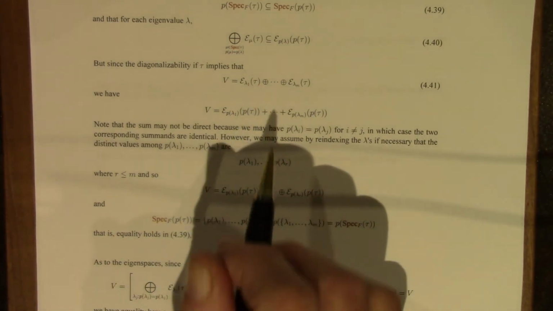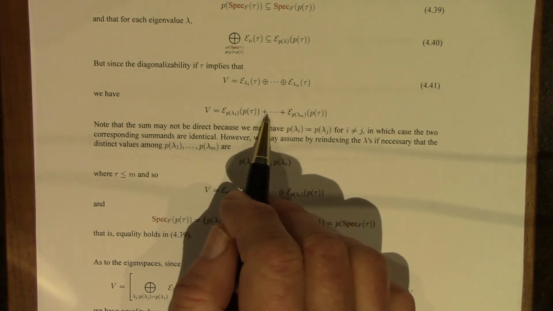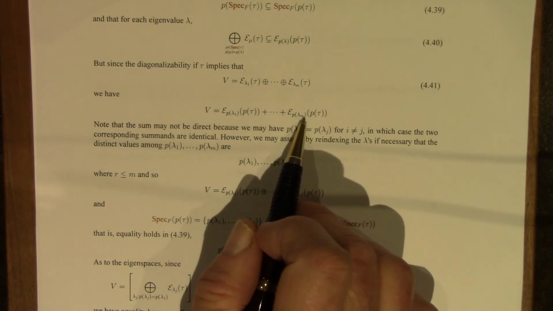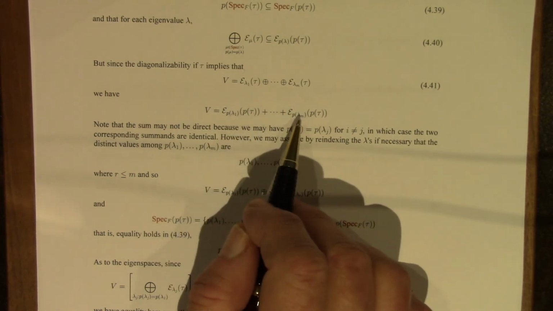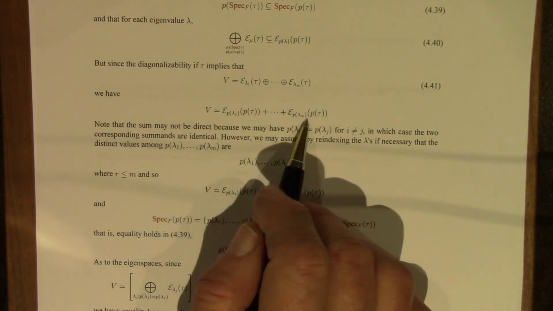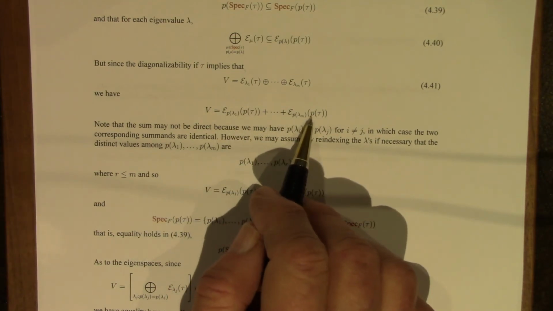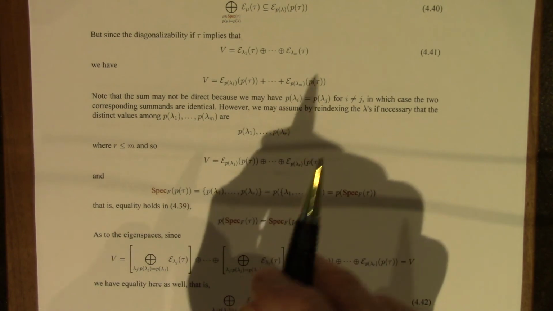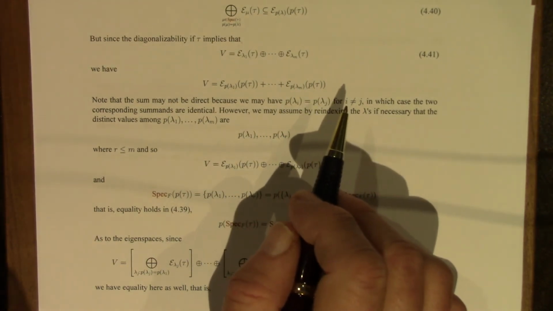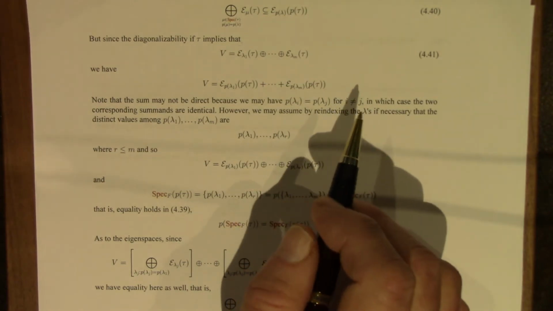Now, this is not necessarily a direct sum because different lambdas may produce the same p of lambda values. So some of these terms may be identical. And so we have to deal with that if we want a direct sum.